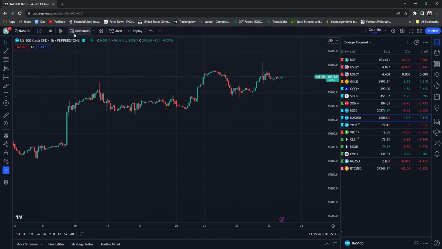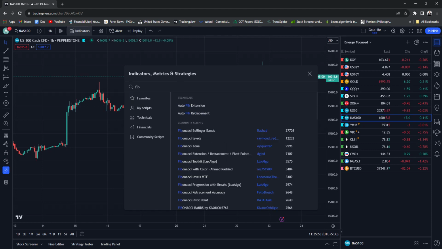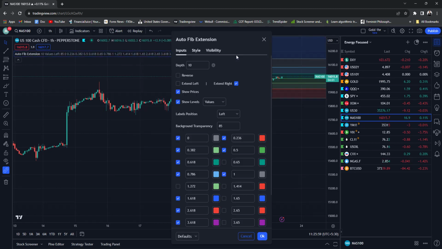What we generally do is use indicators like Fibonacci. You can set auto Fibonacci with a depth of 21. You don't need all of this.